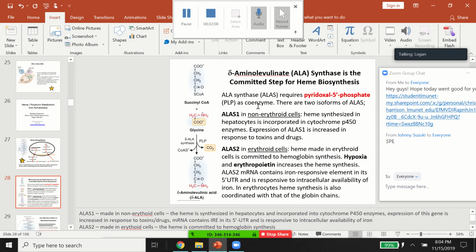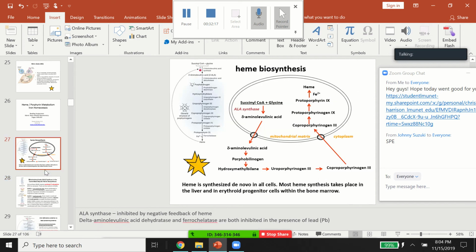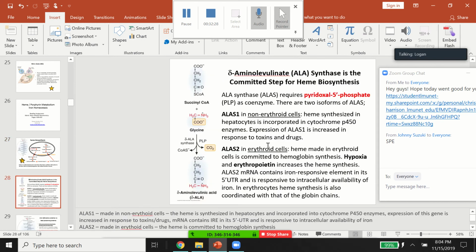Vitamin B6 or PLP is used in this process as well. And just to sum that up for you, where that comes from: ALA synthase is on this picture here, ALAS, right? That's where that comes from. So this is where this is happening. It's happening within the mitochondrial matrix.